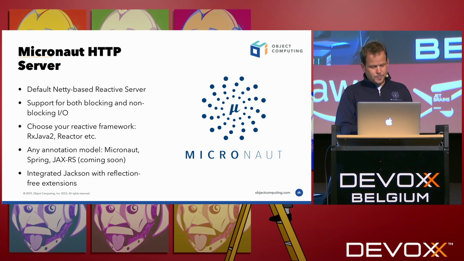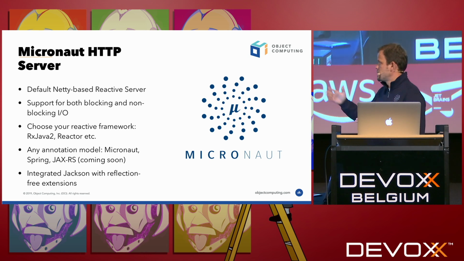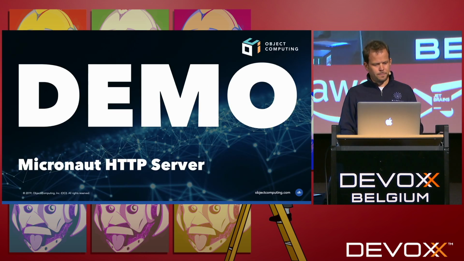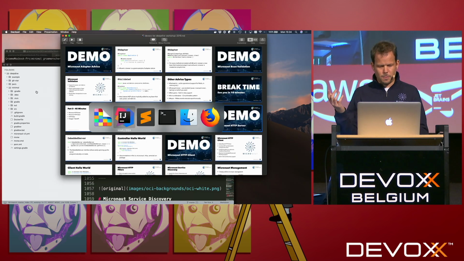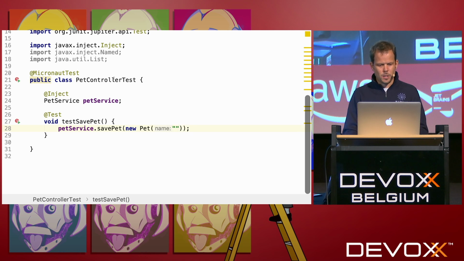And we integrate with Jackson with reflection-free extensions, so that when you read and write objects to and from JSON, it's not using reflection.